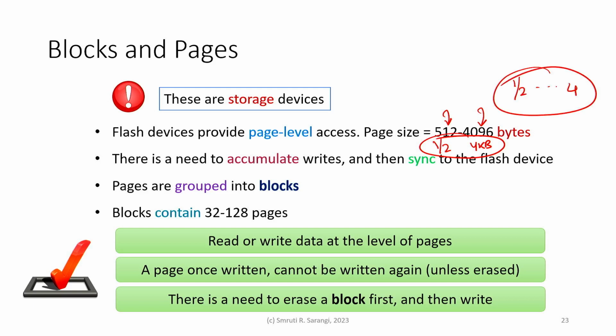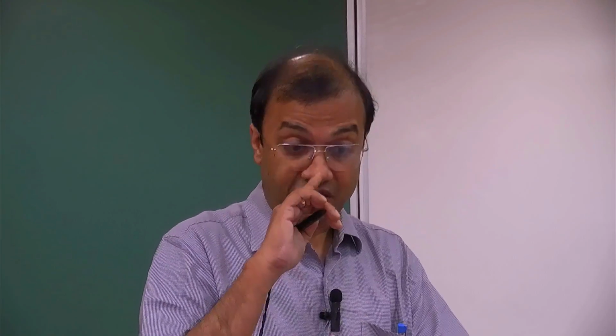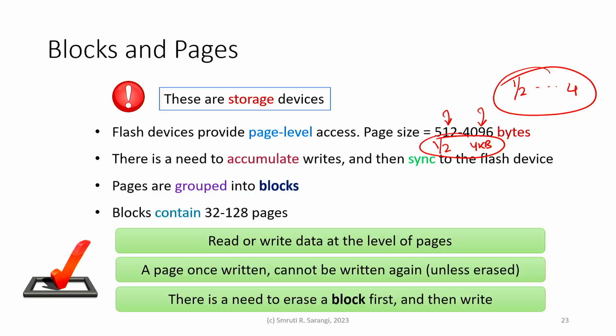What you normally do is that you don't send every write or every byte to flash. You accumulate the writes, in some sort of a buffer in main memory, or a buffer on the chip, in the caches or whatever. And then most flashes do have a DRAM backed cache, and then you sync it to the flash device.